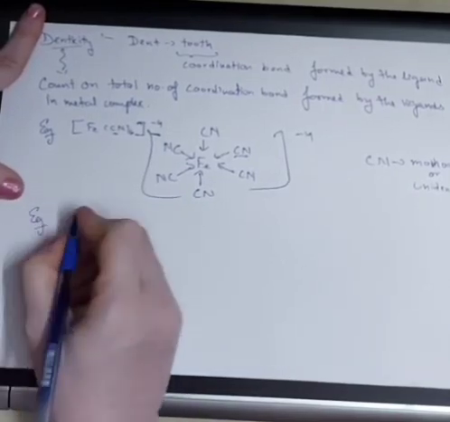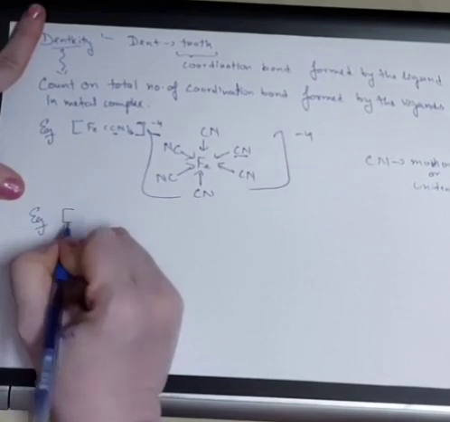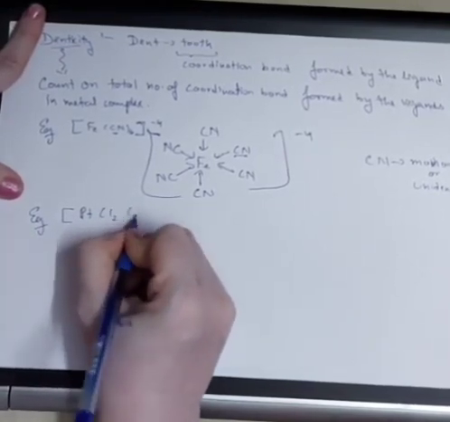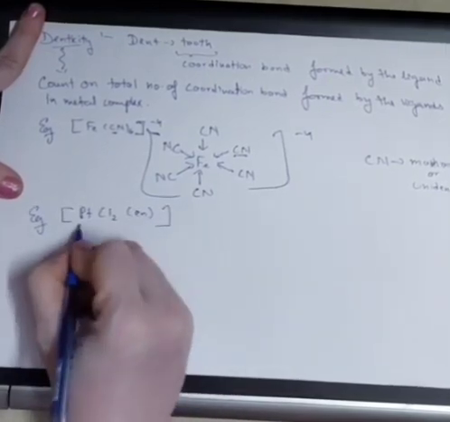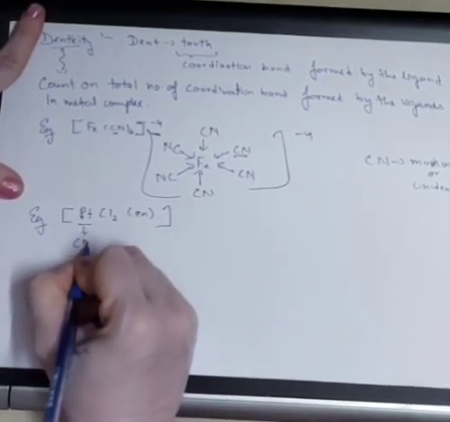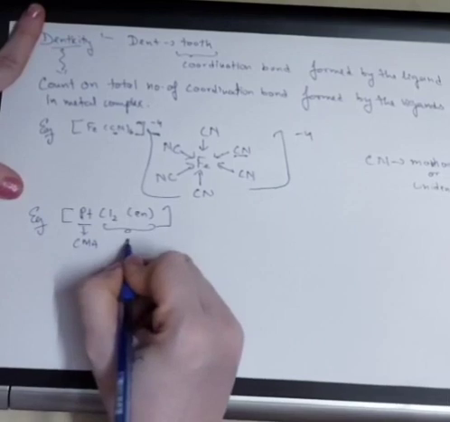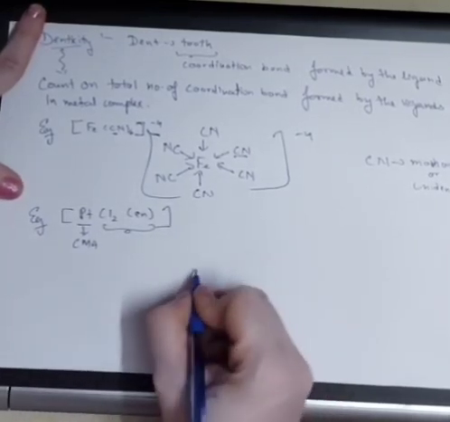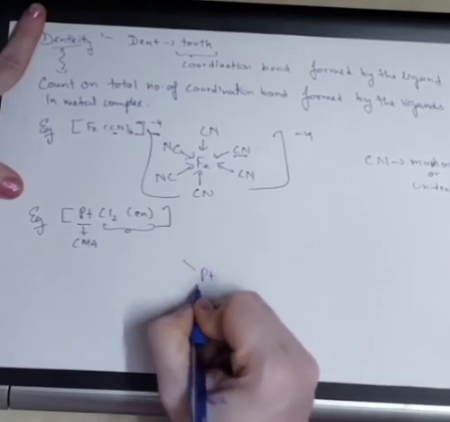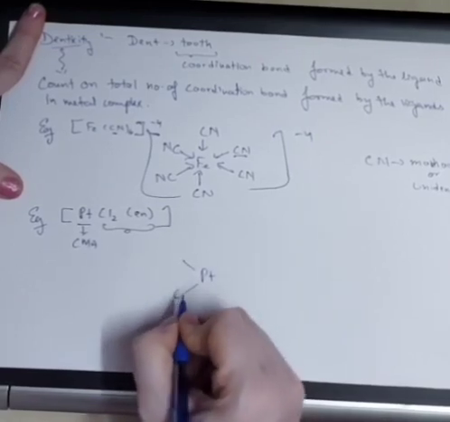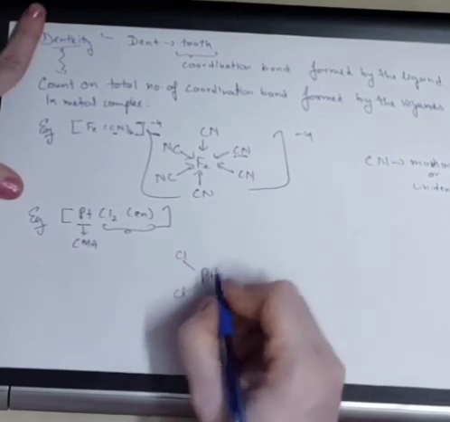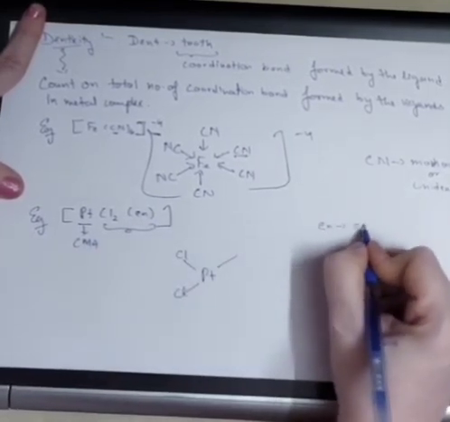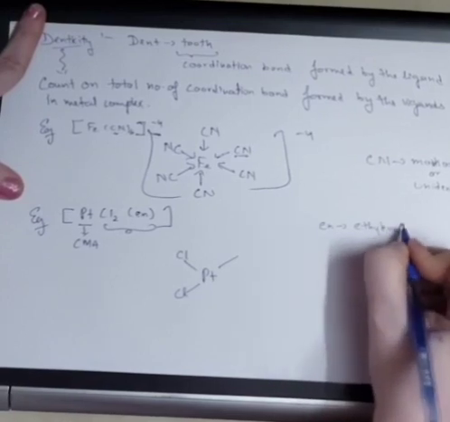Another case, let's see an example. PtCl2En. Here, this is our central metal atom and there are two ligands present. En basically represents ethylene diamine.